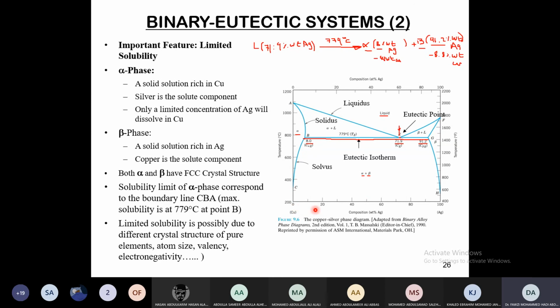We remove the confusion by saying that what we are reading here is the percentage AG. But in some phase diagrams you will see both axes given. It starts with 100, then 90, then 80, and that is the composition of the silver. This is done, but we've removed the confusion by not writing the other one.